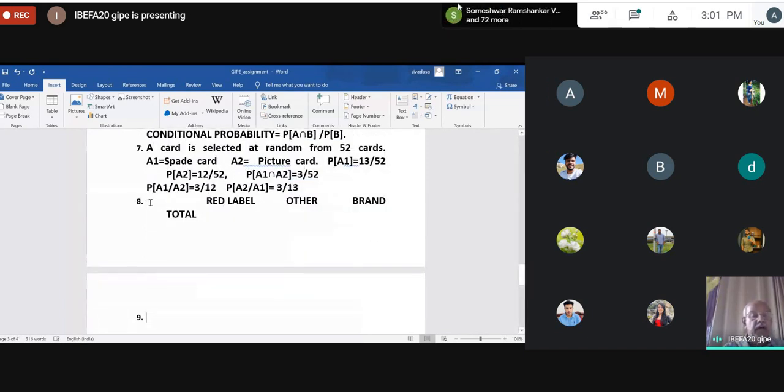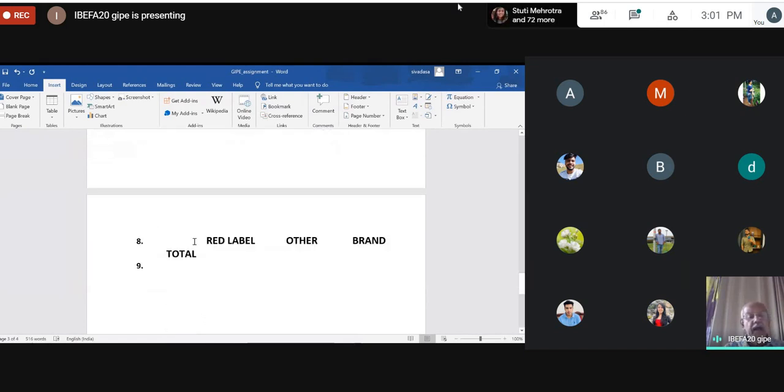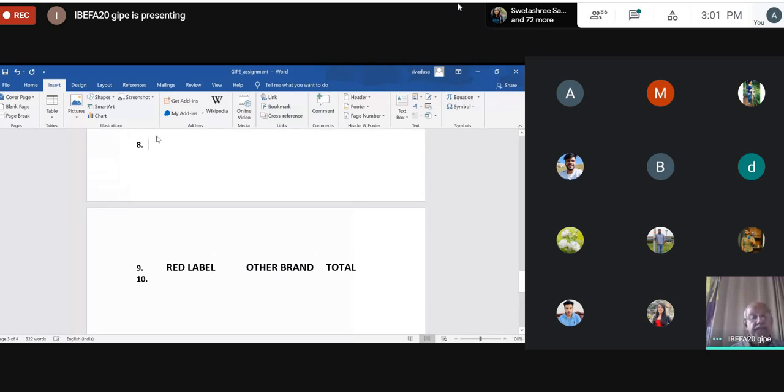A customer who comes to a shopping place will prefer either Red Label or he will prefer another brand.